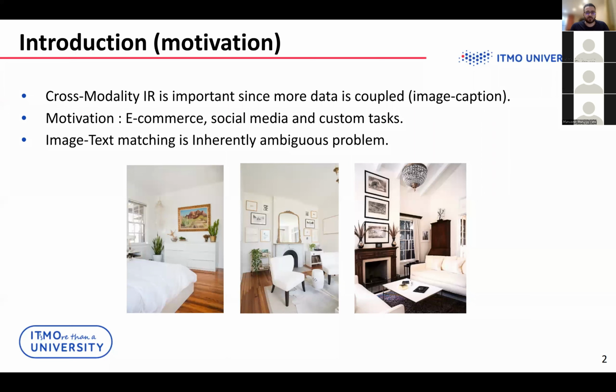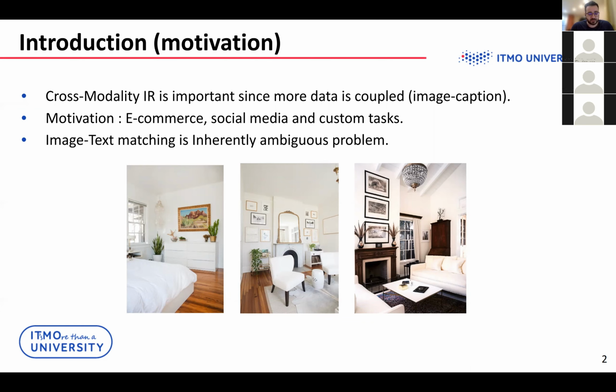We would see an image with a caption, like on Instagram, for example, and we would see an article with some images. It's very rare to see one modality without the other. So it's very important nowadays. It's usually presented in coupled form.